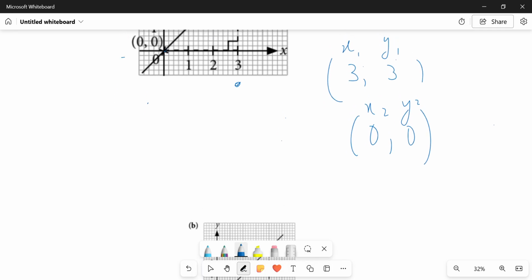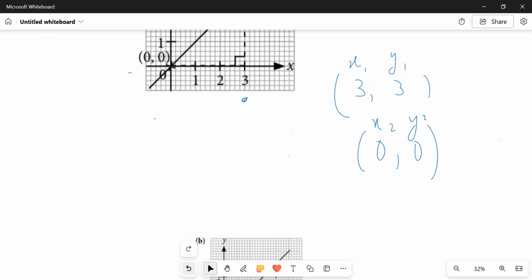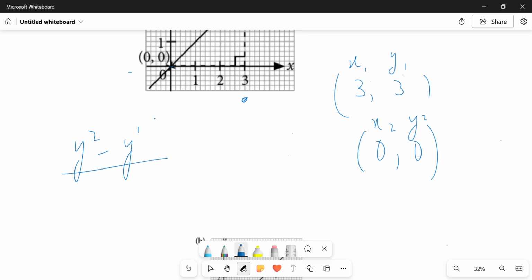Okay, now you have a formula: change in y over change in x. So the gradient is y2 minus y1 over x2 minus x1.